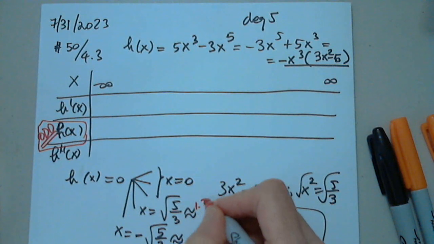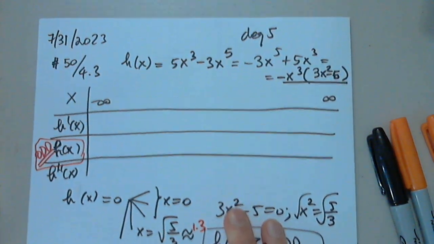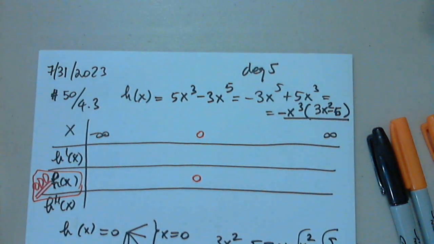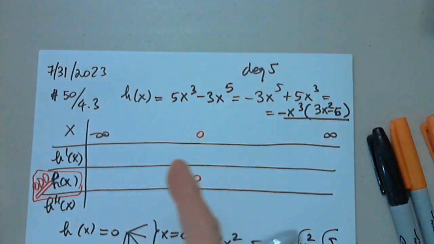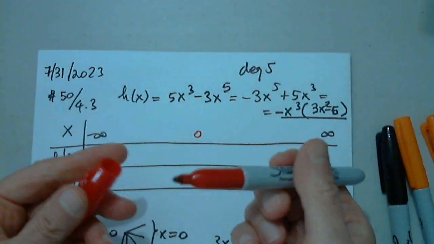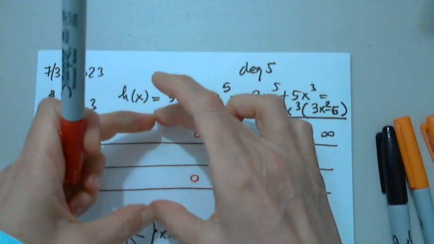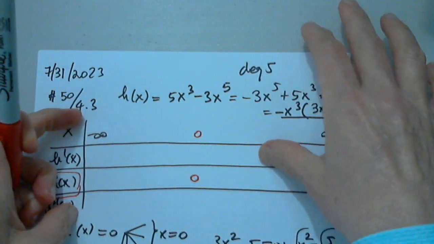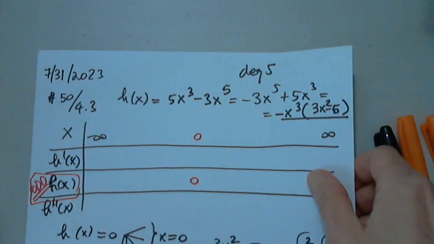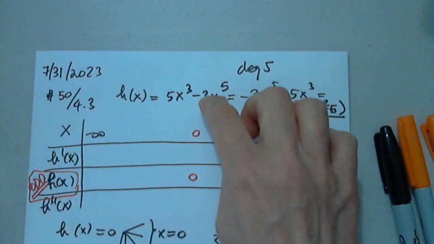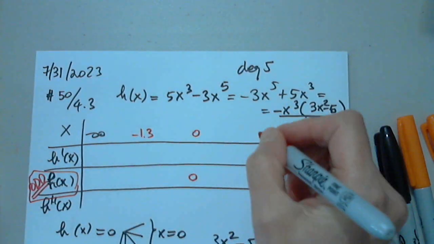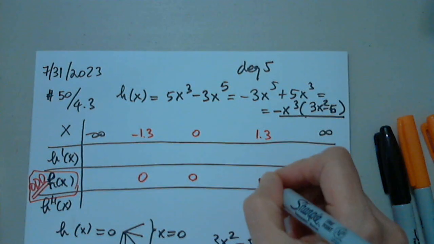So this is 1.3, this is negative 1.3. So I have to have in the table 0, 1.3 and negative 1.3. Be prepared that if the table gets too crowded, especially since I'm using markers, I will immediately go landscape so that I can explain what I'm doing. Especially for polynomial functions.